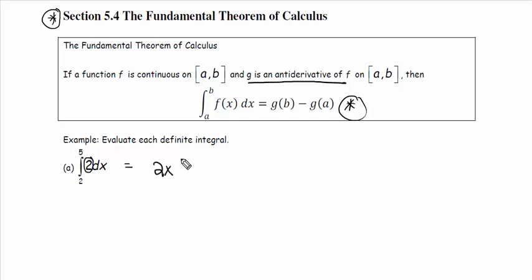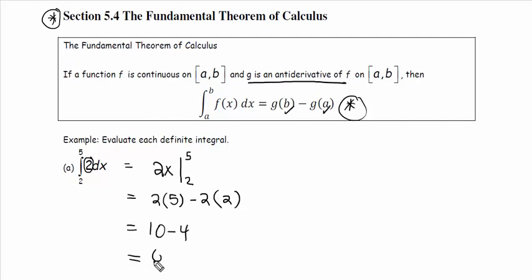To denote that, I'm just going to write a vertical bar and then 2 to 5. And then I'm going to substitute in the 5 and the 2, just like the theorem says, g of b minus g of a. So that's 2 times 5 minus 2 times 2, or 10 minus 4, which is 6.